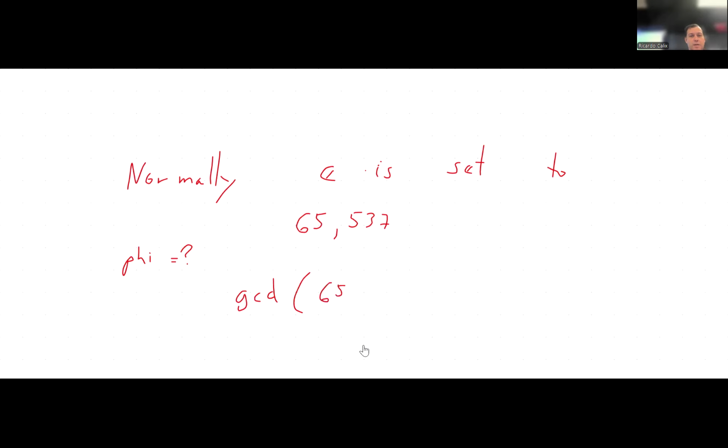Remember that for us to use 65,537 as an E exponent, this would need to be equal to 1. Does that make sense, guys? So play with that idea. We will come back to that topic, but that's something for you to look at.